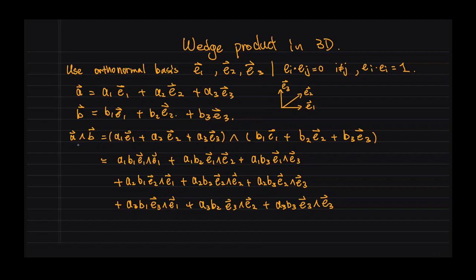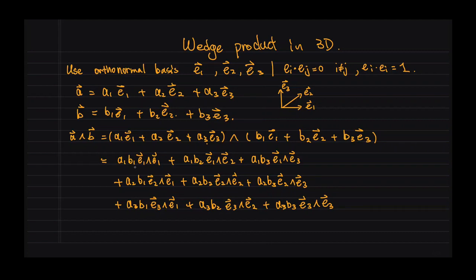So let's see what we will get when we wedge vector A and vector B. We expand into our orthogonal basis. Then we just wedge them term by term.